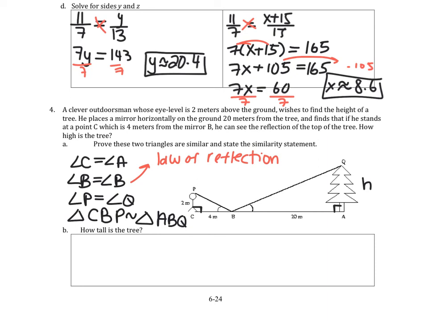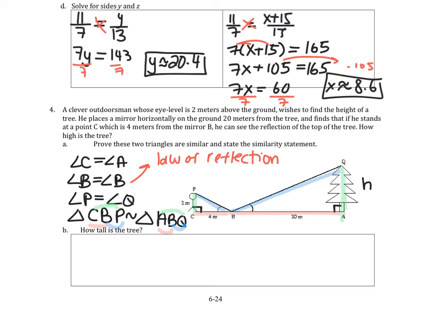For this one, it's pretty easy to see which sides are the matching ones, but CB and BA are corresponding, and then BP and BQ are corresponding, but these two sides really have no relevance to us because they don't have any measurements. What we care about is CP and AQ, so the height of the person and the height of the object, in this case the tree.